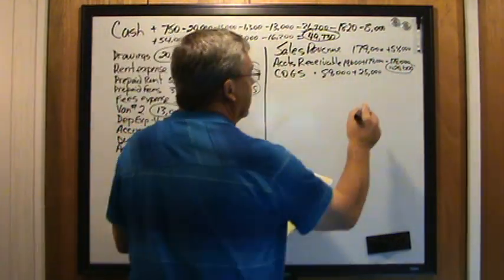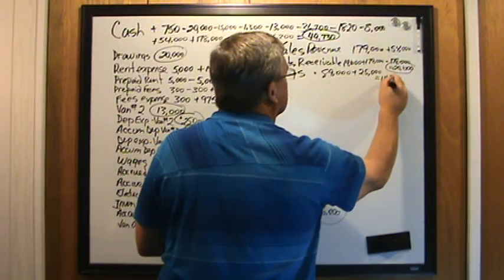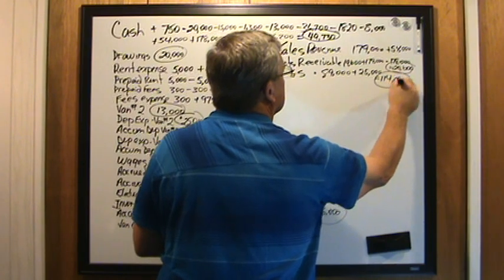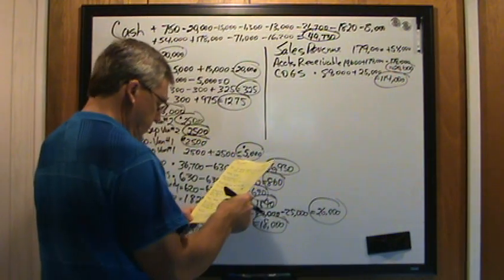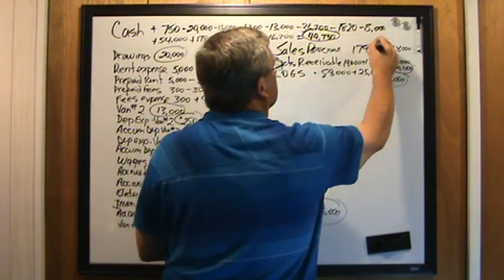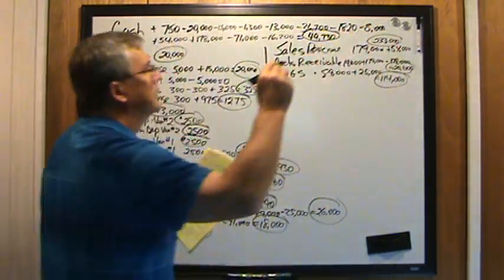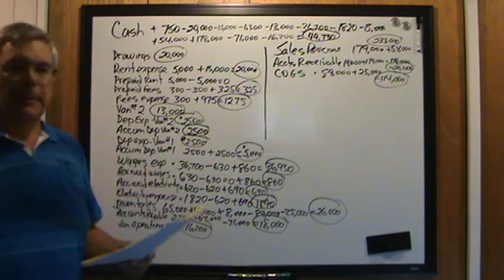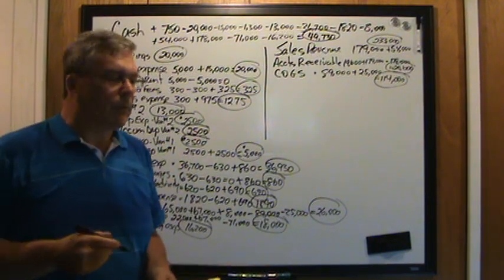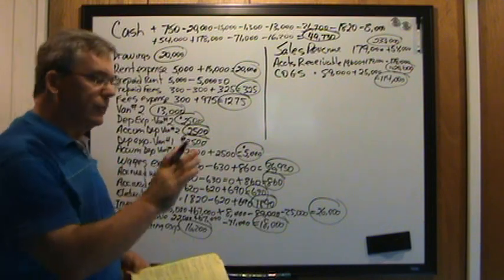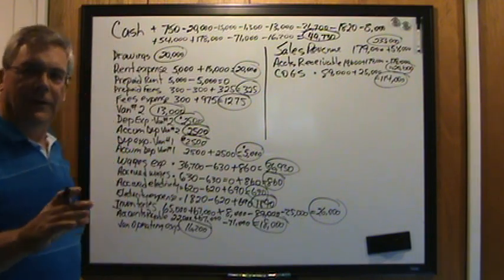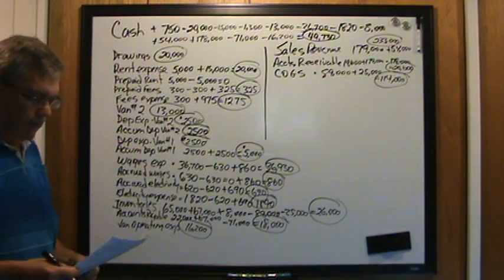Cost of goods sold is 114,000. And total revenue is 233,000. All right, so check your balances on what you've done and what you're working on, and I'm going to now have to erase all this so that I have room to start with the income statement.